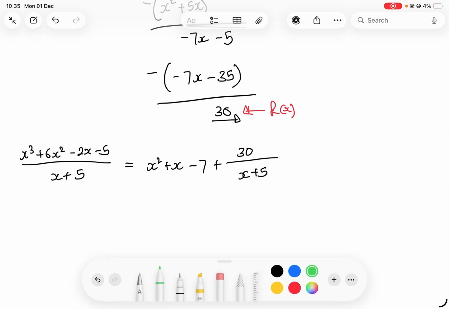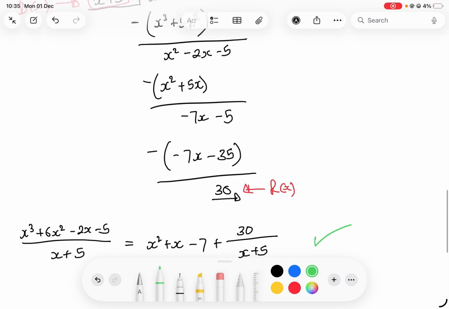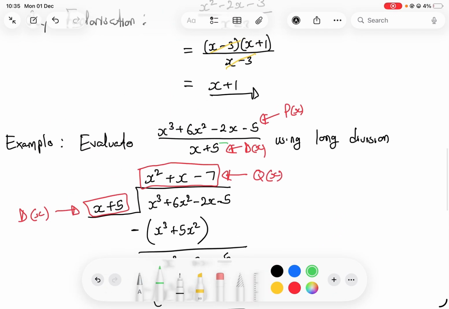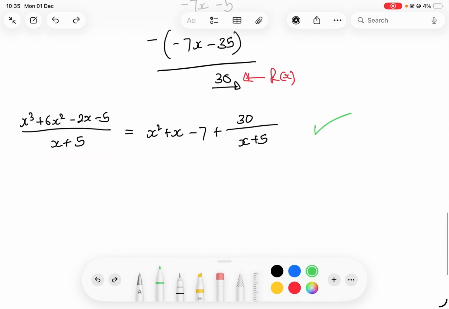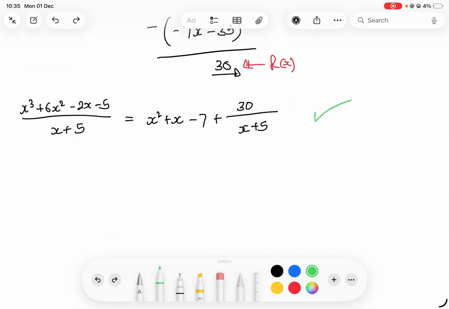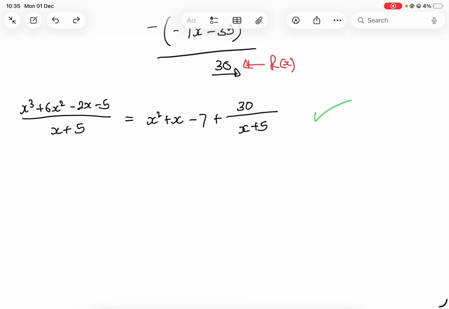You can see now that in this case, the remainder is not equal to 0, which means x plus 5 is not a factor of the above equation, which means we have managed to obtain our solution.